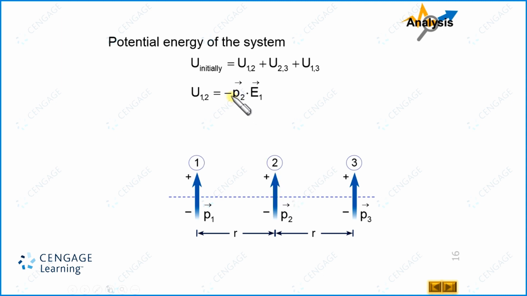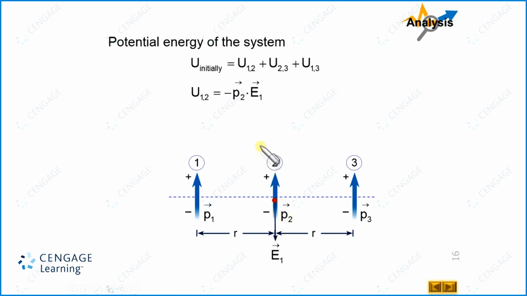E1 is the electric field associated with dipole number 1. We can observe here that the center of dipole number 2 is at the equatorial position of dipole number 1. That means the electric field because of this dipole should be in the downward direction. So let us assign this vector as the E1 vector.